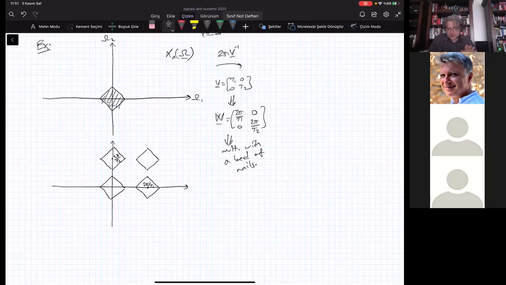Obviously, horizontally, the separation is a little bit larger, which means T1 is smaller than T2, because vertically they are a little bit closer to one another. I mean, just in this example. Like this.